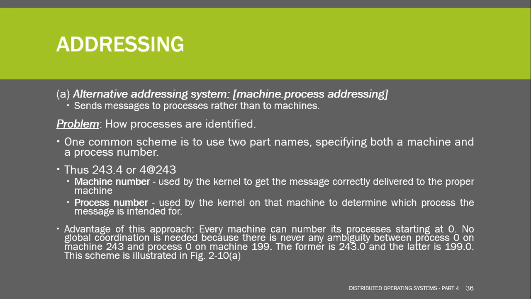The advantage of this approach is that every machine can number its processes starting at 0. No global coordination is needed because there is never any ambiguity between process 0 on machine 243 and process 0 on machine 199. The former is 243.0 and the latter is 199.0.